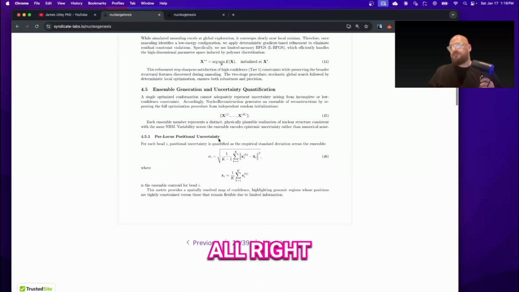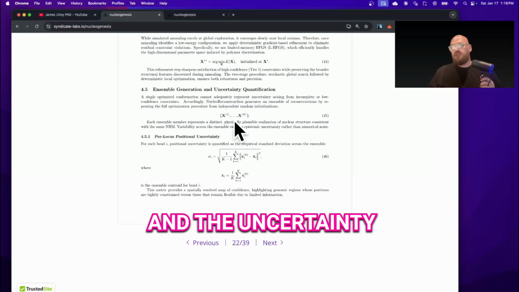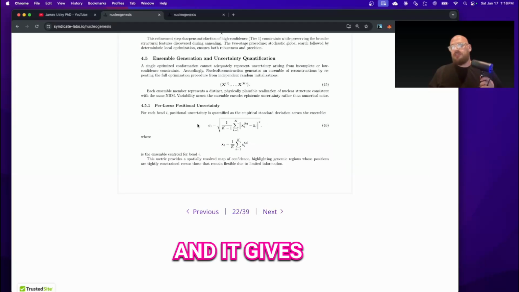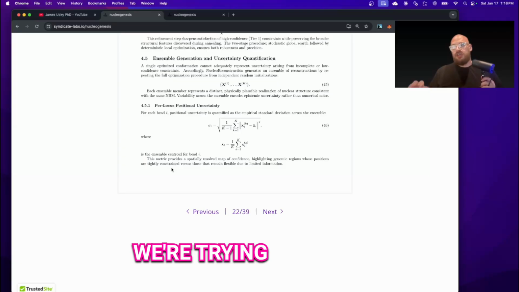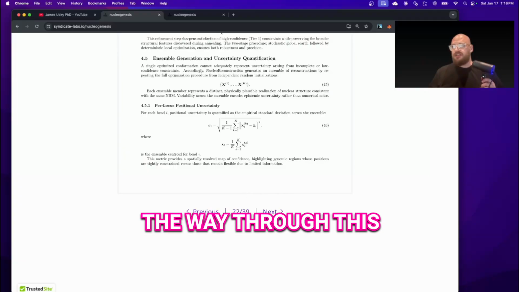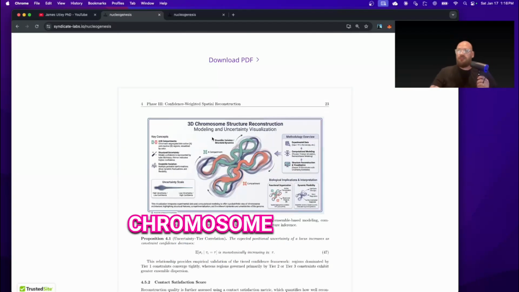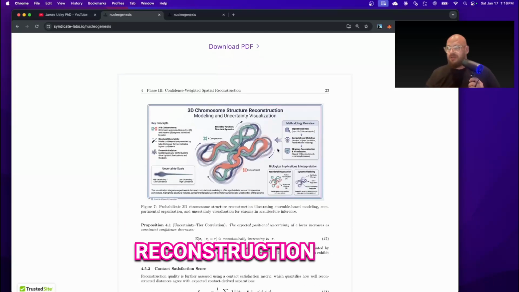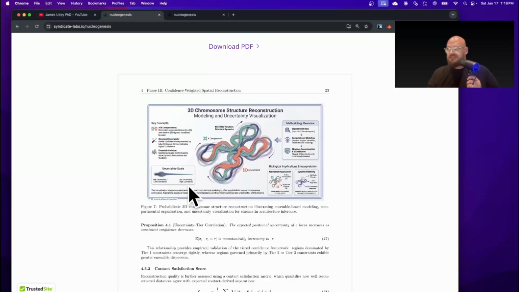All right. So here we go over this generation and the uncertainty quantification, right? And it gives you a per locus positional uncertainty. So we're trying to manage uncertainty and predictions all the way through this project, and this is just one more example of that. And it gives you this 3D chromosome structure reconstruction model. So really the takeaway here on this model, which I think is the coolest thing, is the uncertainty scale.